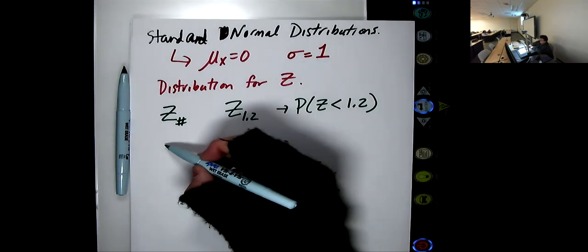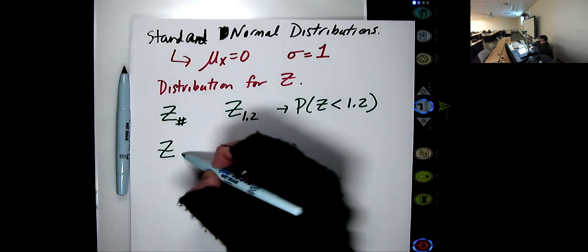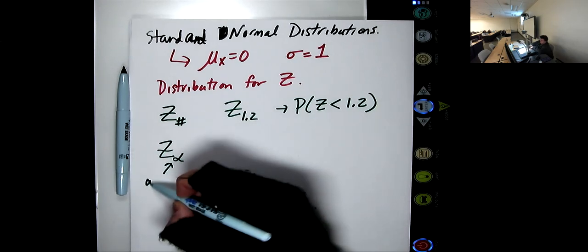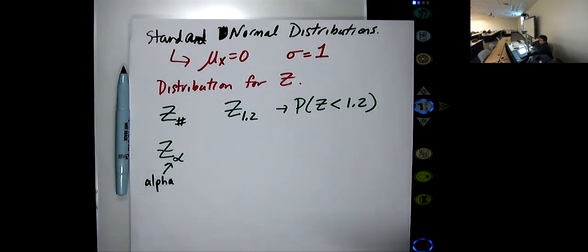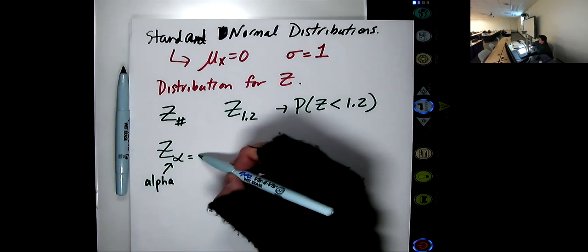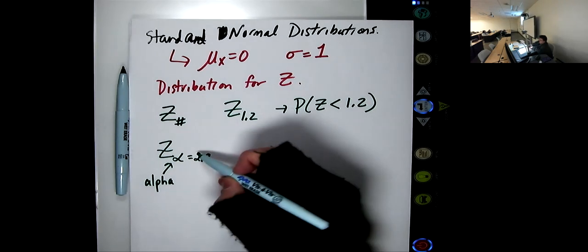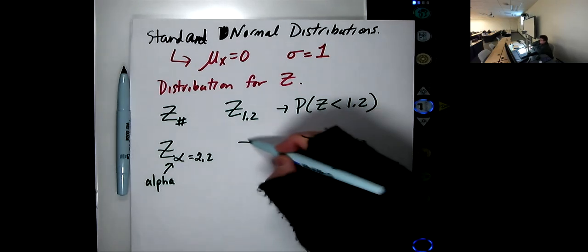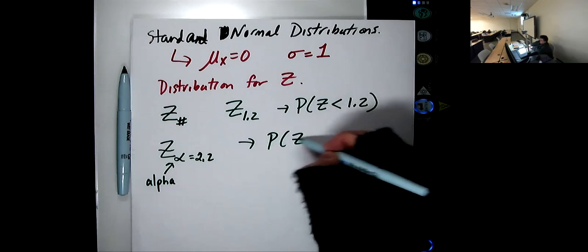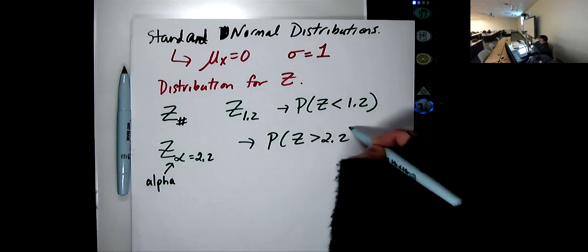Then they have something called Z alpha. It's alpha, which looks a little like the Jesus fish. They'll say Z alpha equals, I don't know, 2.2 or some value. Just giving examples with the 1.2 and the 2.2. This is saying to do the opposite direction: Z is greater than 2.2.